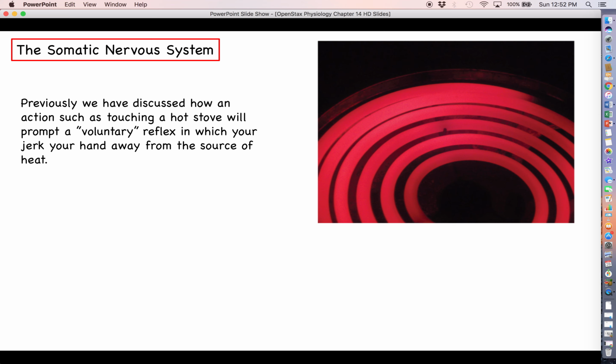So the brain decides we need to get the hand away, so it's going to send the efferent message back down through the descending tracts of the spinal cord, out through the ventral root, and to the muscles in your hand and your arm so that you can jerk your hand away.